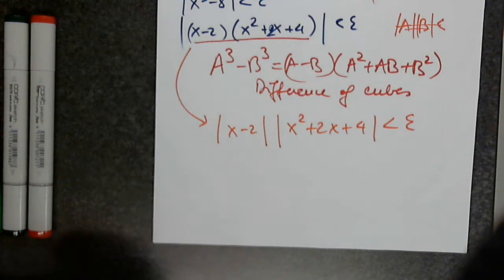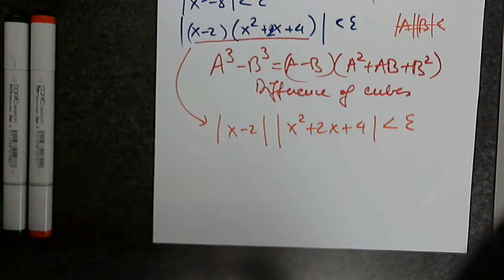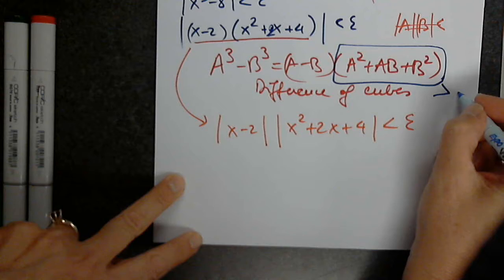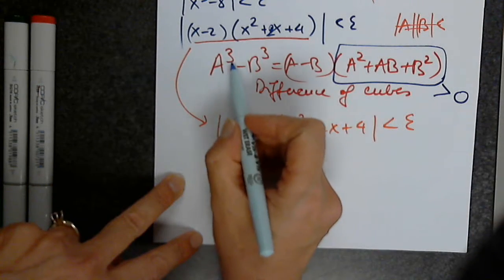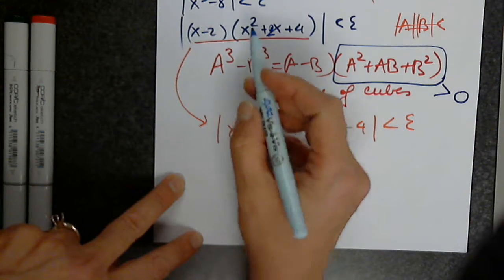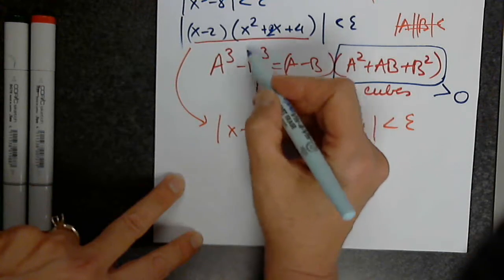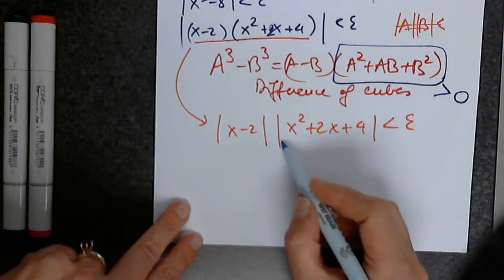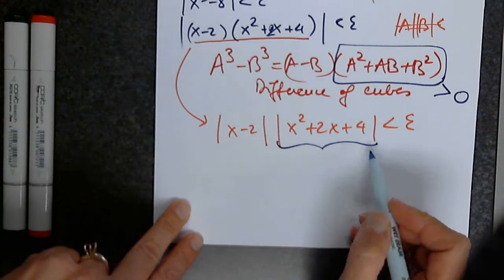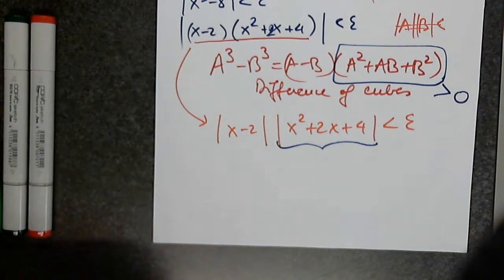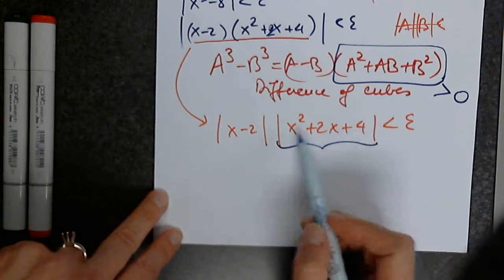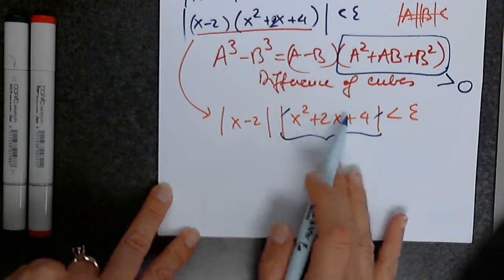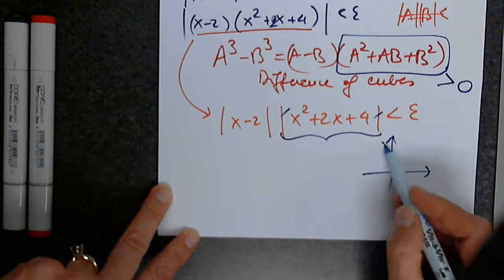Now, you may remember or you may not, this piece is always strictly greater than 0 if it comes from cubes, because it can come from the sixth power and something else may happen there. But this piece is always greater than 0. You can say, of course, it has the absolute value in it. No, the point I'm making is it doesn't really need the absolute value. It's always positive.